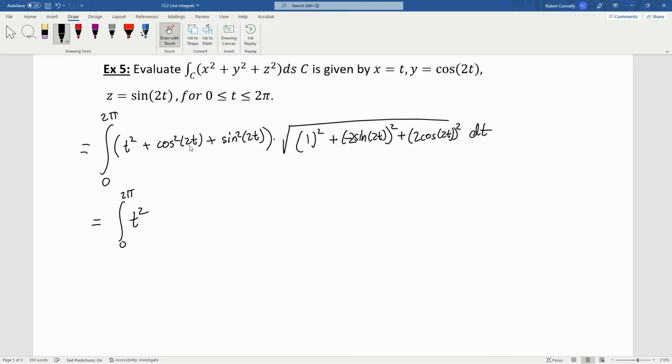Now we've got cosine squared of 2t plus sine squared of 2t. That's just 1, so plus 1 here. And here we've got 1 plus 2 squared, which is 4. The negative is going to cancel, times each of these, so it's 4 times sine squared of 2t plus cosine squared of 2t.